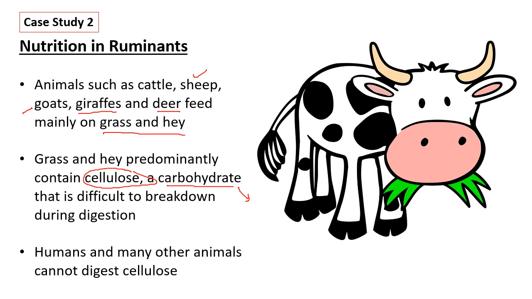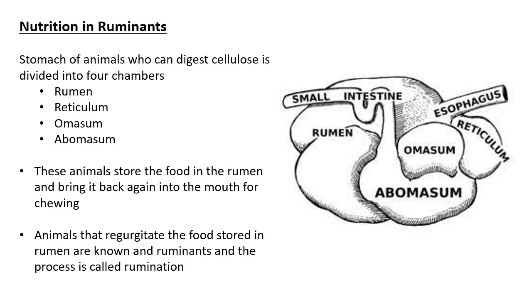This particular type of cellulose is very difficult to break down for digestion. Actually, other animals can't even digest cellulose. Humans also can't digest cellulose. But nature has given a special mechanism to ruminants to digest this cellulose.